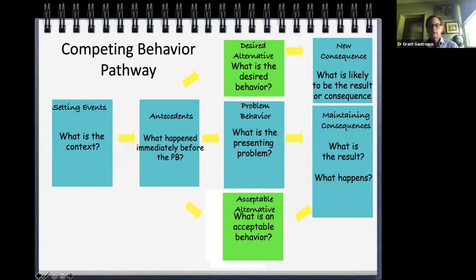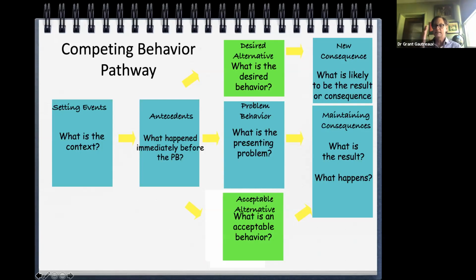That's really important to be able to determine, because when we're actually trying to shape a behavior and we look at successive approximation to that behavior, we may not be able to get to that desired behavior right away. So we need to know what's going to be more acceptable, still contacting reinforcement, but it's going to be the gateway behavior to get us to the desired behavior.